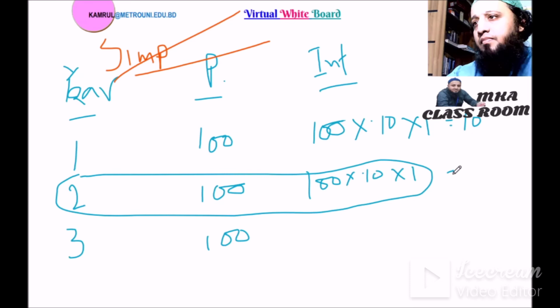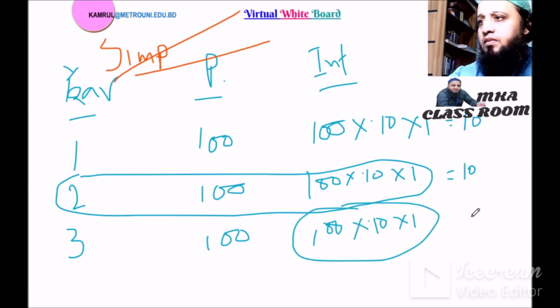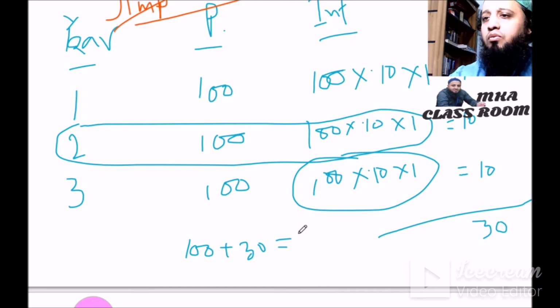And for the third year, 0.10 into 1, that should be 10. So after 3 years the interest will be 30 taka, and it will be added to the principal, and we have found 130 taka.